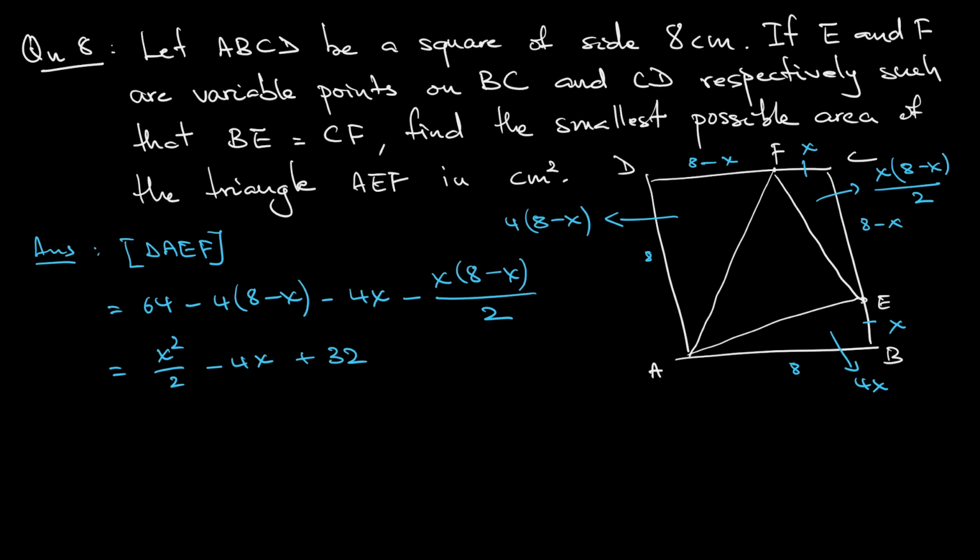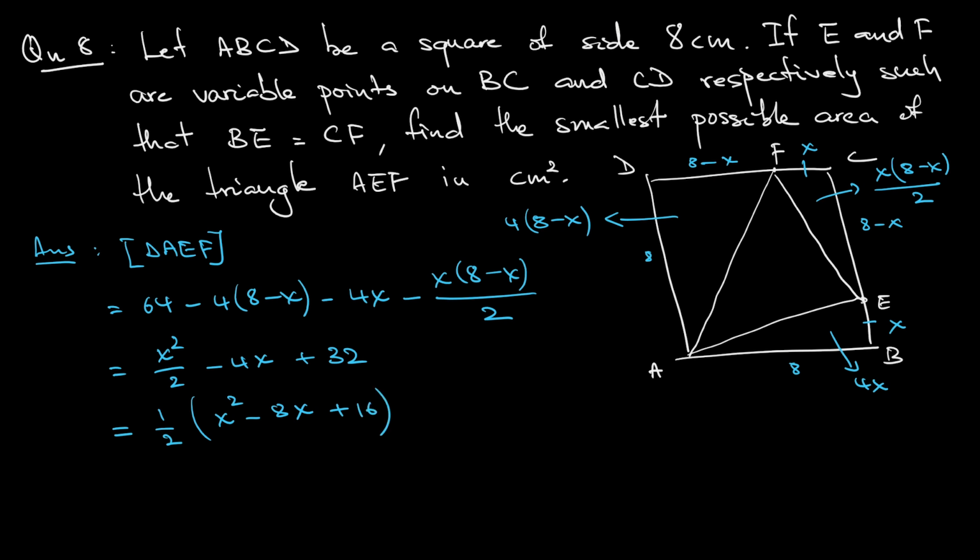Alright, so I will attempt completing the square. Take half as a factor first, so that would be x squared, and since I take half, this is negative 8x. If I want to complete the square, the third term would be 4 squared, so that would be 16.